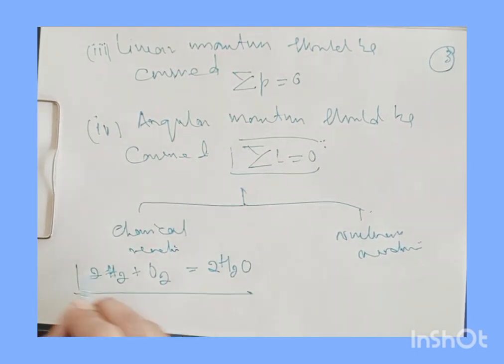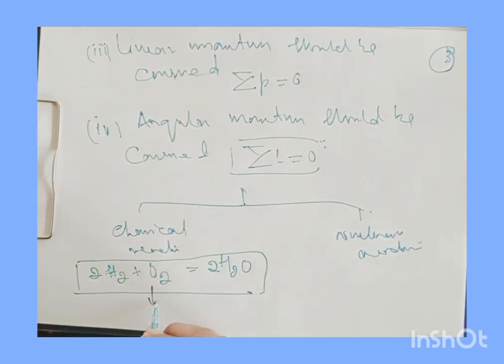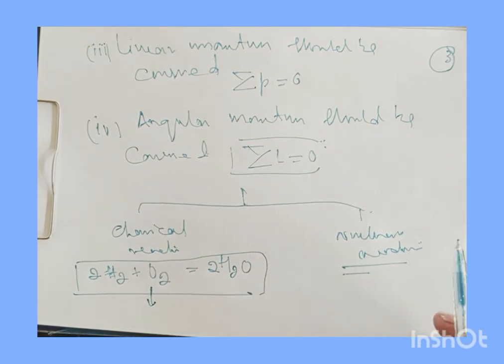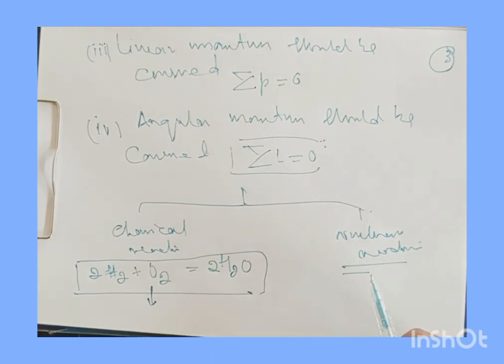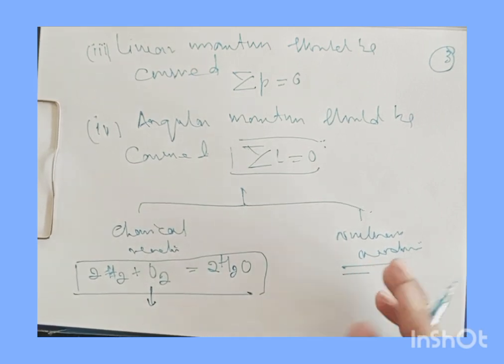So we are not getting any additional element in this chemical reaction. These atoms are making a recombination. We have a different kind of molecule, that's true, but we are not able to produce a new atom out of it. But in a nuclear reaction, as we discussed in the beginning of this video, you are able to produce new elements.